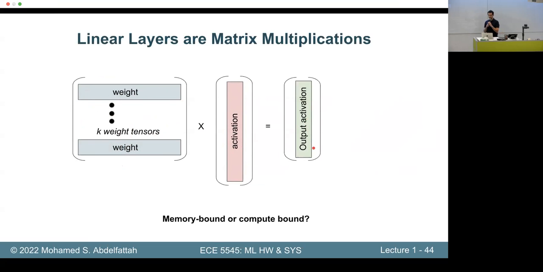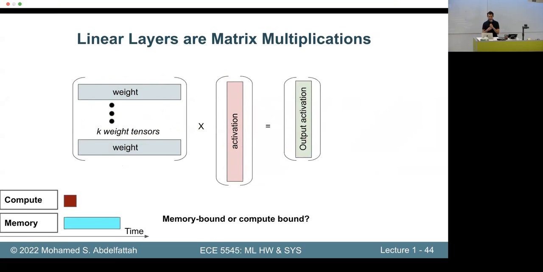Now again, please type in the chat, is this memory bound or compute bound? The hint is we have lots of weights, and then just one operation. So memory, compute, memory, memory, yes. It is memory bound, of course. You're using each weight only once, and computing one value in the output, and you have so many weights to fetch from external memory.